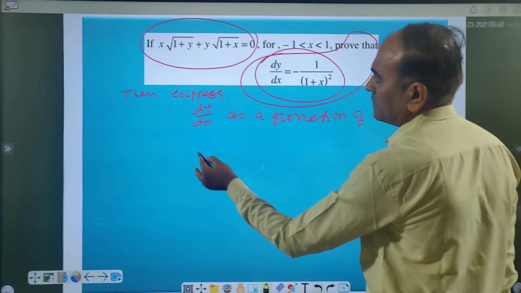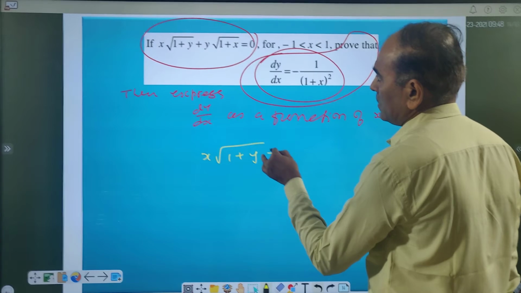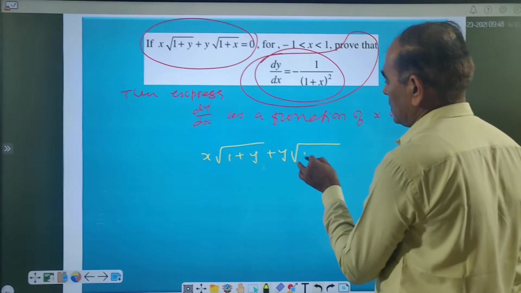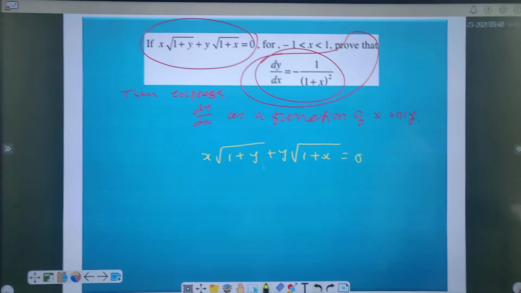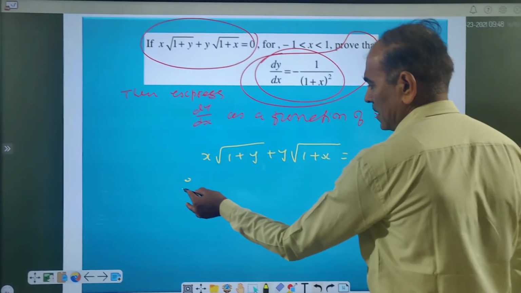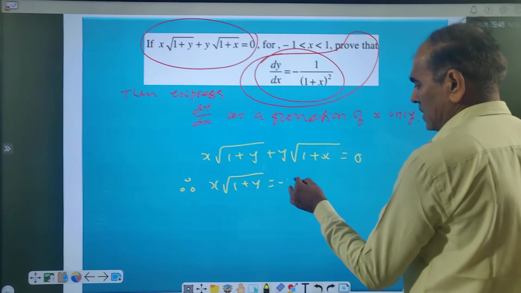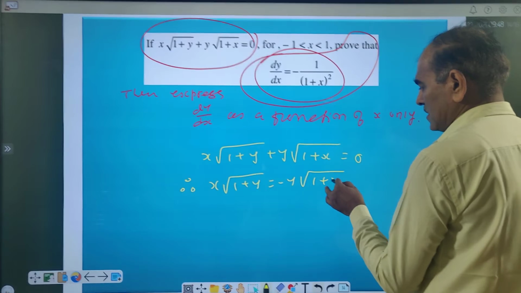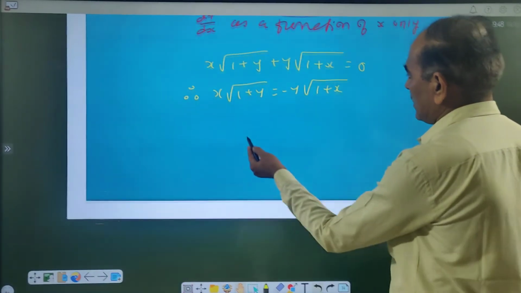Let me see here. What is given? x under root 1 plus y, plus y under root 1 plus x, is equal to 0. Can I write therefore x under root 1 plus y is equal to minus y under root 1 plus x? Yes, we can write it, because the right hand side is 0.